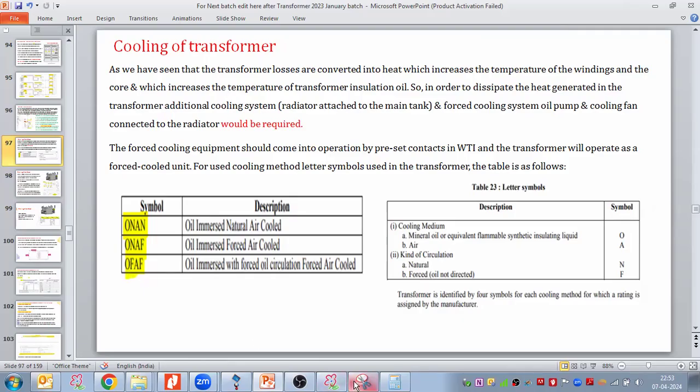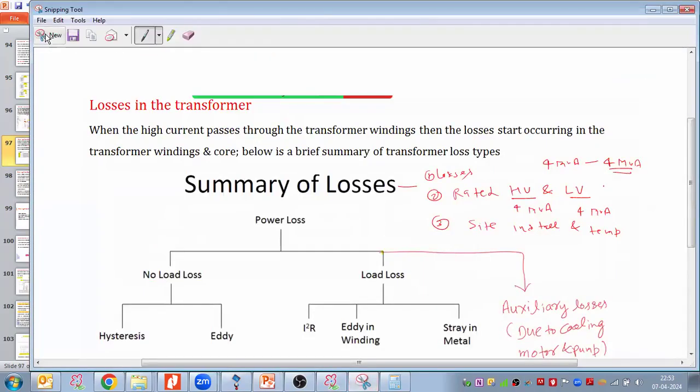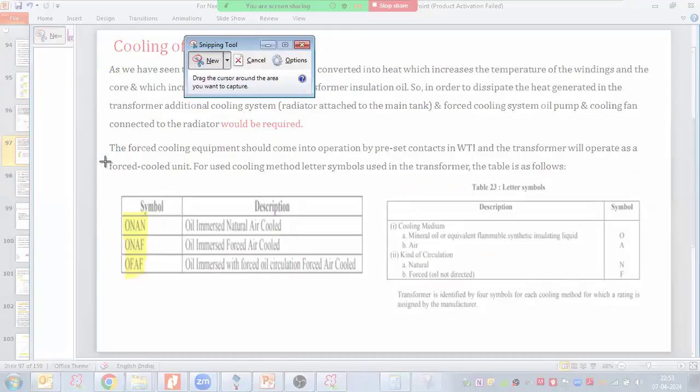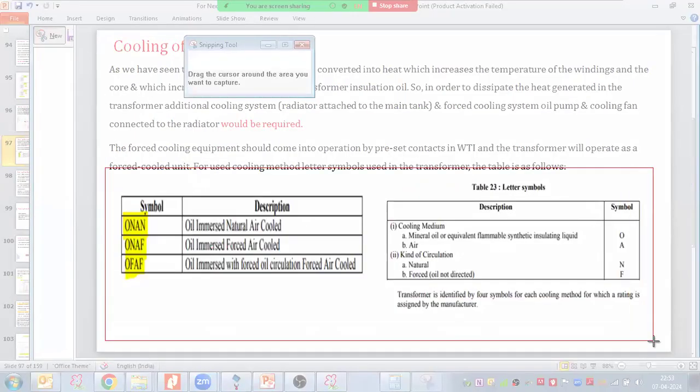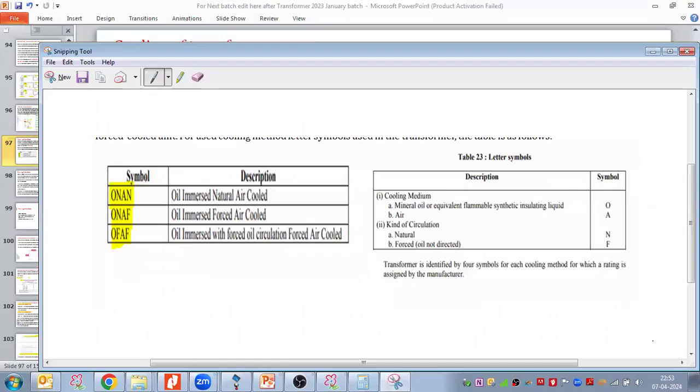Losses. Auxiliary losses will be increased. Yes. When I take the pump and the fan, which have a motor of something like 1 HP or 0.5 HP, the auxiliary losses due to the fan and motor come into the picture.